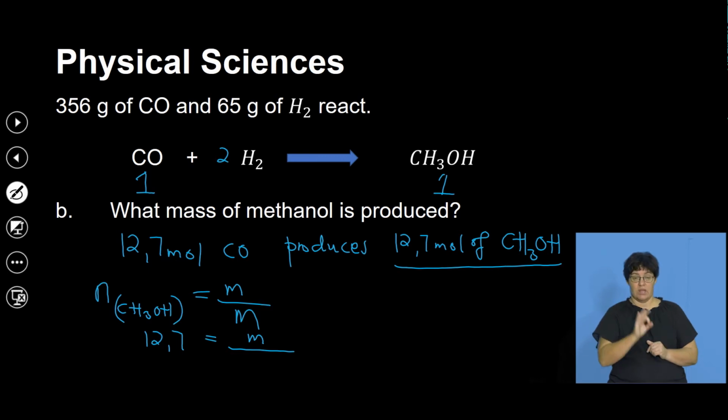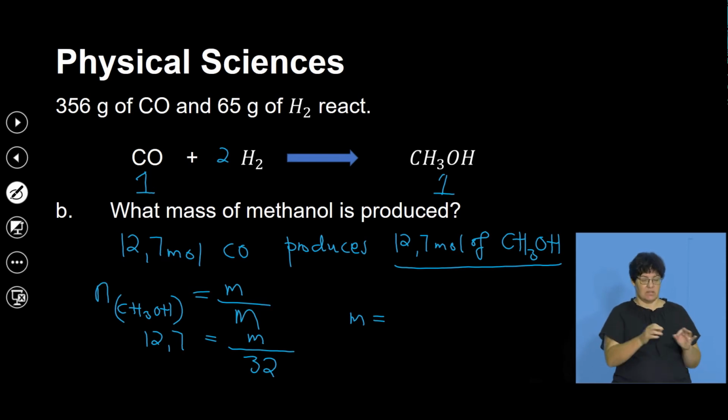So that's 32 grams per mole. If we isolate the mass, we get 32 multiplied by 12.7.